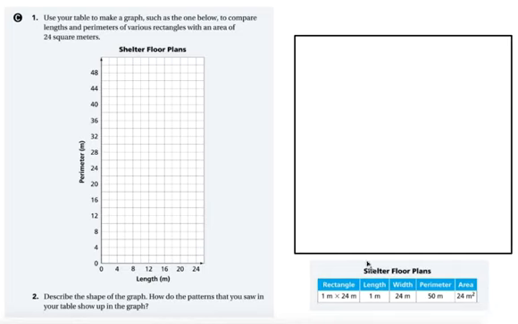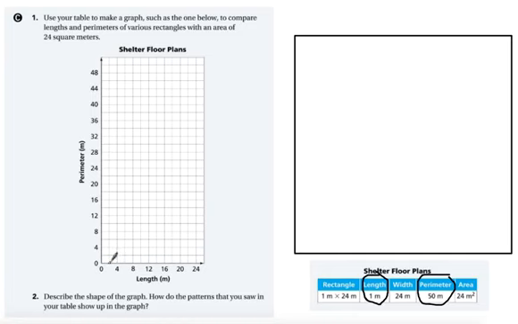I'm going to quickly review how we are going to graph that. So you'll notice that on the bottom here we have length. Over here we have our perimeter. So we are going to start with our length column and your perimeter column. It's really important that you're using those 2 columns. So it says that my length is 1, my perimeter is 50. So remember, I'm starting here at 0, 0. If this is 4, keep in mind that this middle line here is going to be 2.